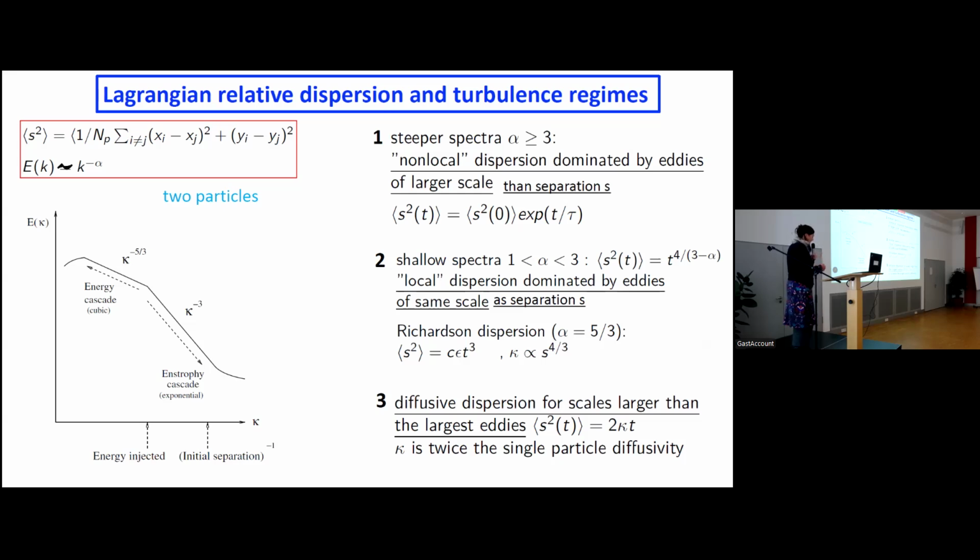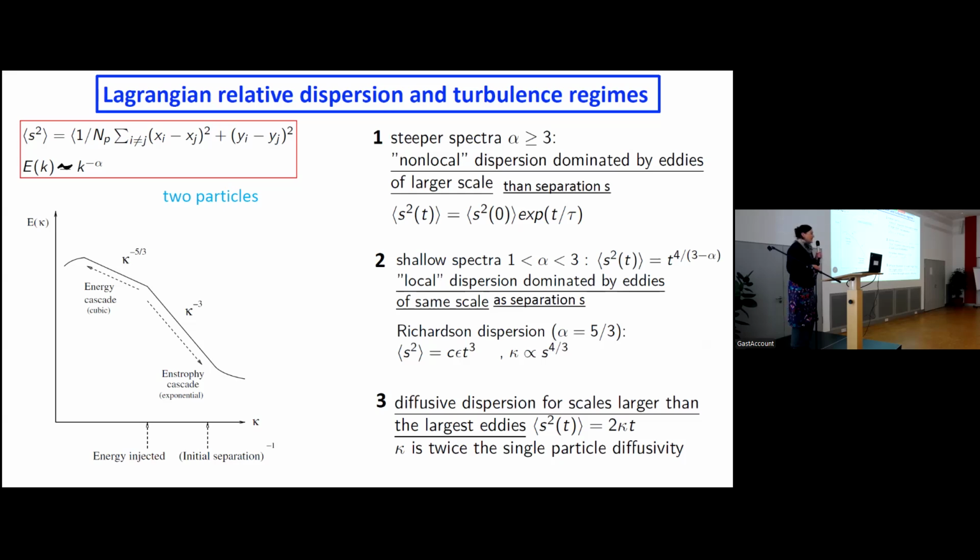So typically in 2D or QG turbulence, if your initial pair separation is down here, so smaller than the energy injection scale, and if your energy spectrum goes like k to the -3 and then k to the -5/3, you would expect first an exponential regime that goes into Richardson dispersion, and then later on will be diffusive.